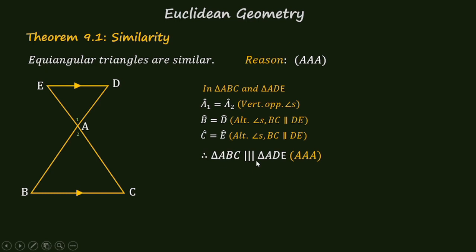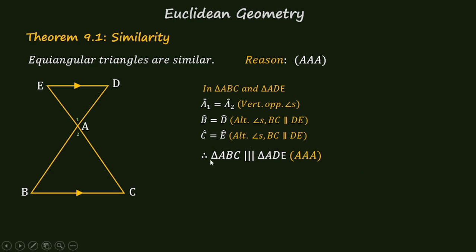This is the sign for similarity, three strokes facing up, three vertical strokes, showing that the two triangles are similar to each other. So triangle ABC is similar to triangle ADE. And the reason for their similarity is that they are equiangular. We simply write A, A, A to show that the two triangles are similar to each other.